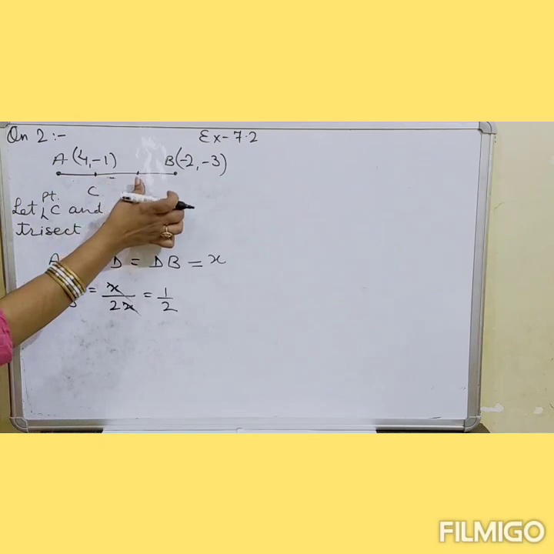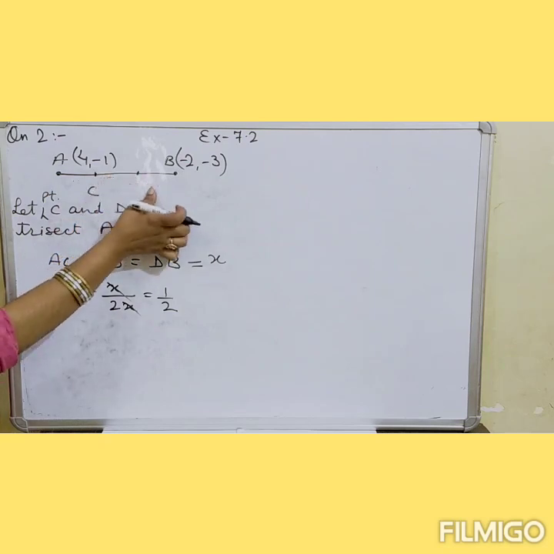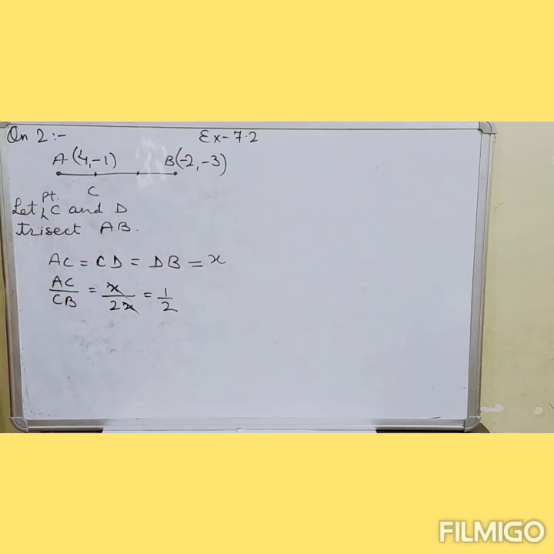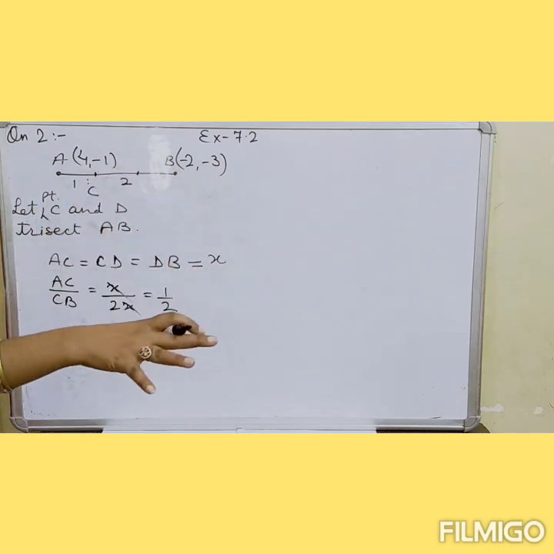That means if I just, for convenience, rub this point D, the point C divides AB in the ratio 1:2. Because we have to find out one by one the points, so I have just removed it for your convenience. Otherwise you have to take it side by side.